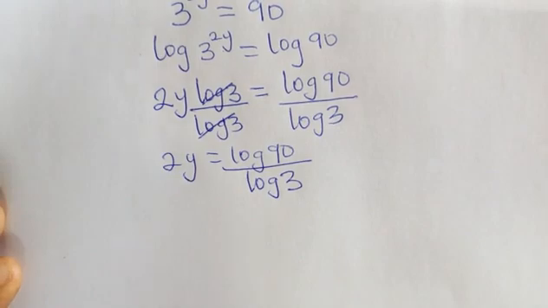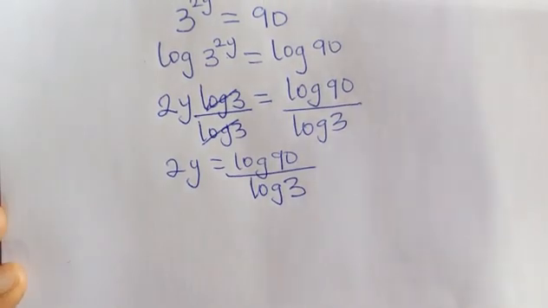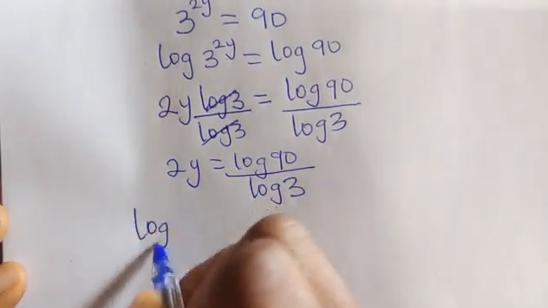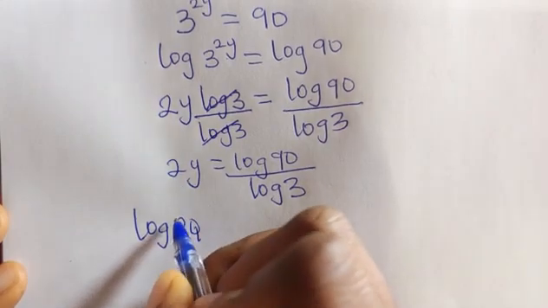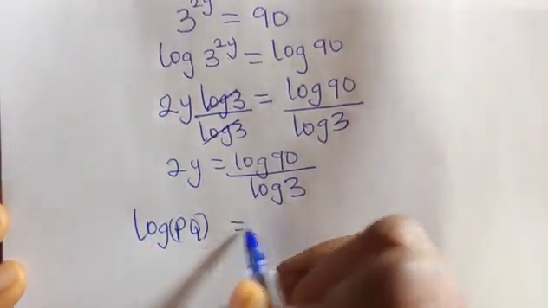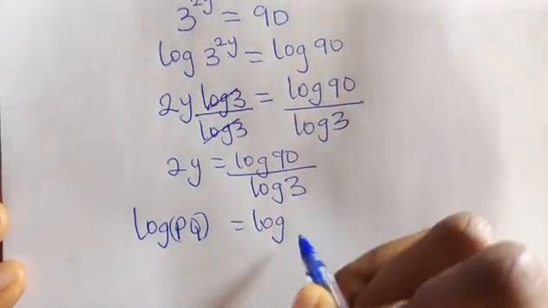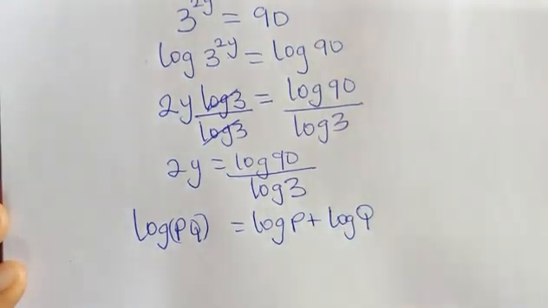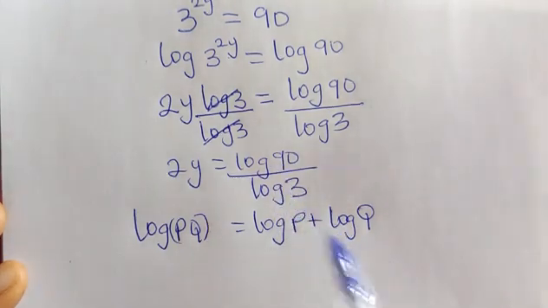Now the next thing we are going to do, this 90, we are going to write it in this form. Log PQ is the same as log P plus log Q in logarithmic law. So we'll write this 90 in this form.